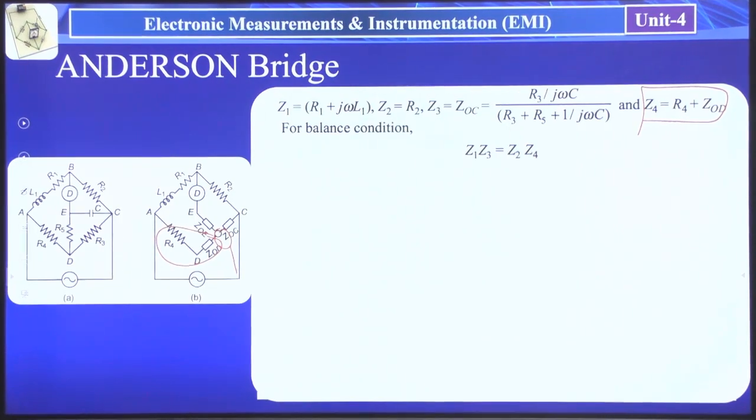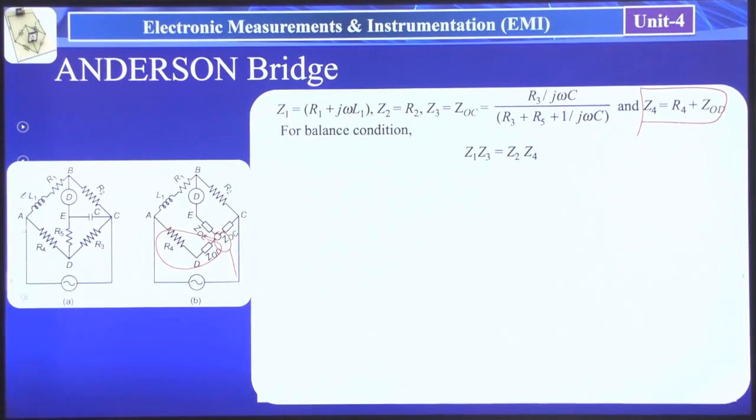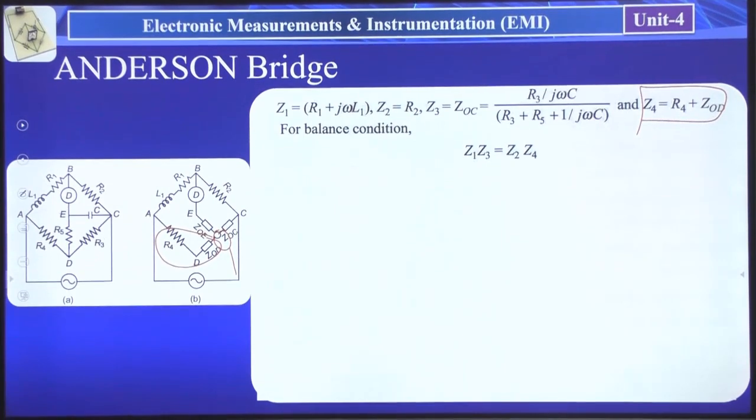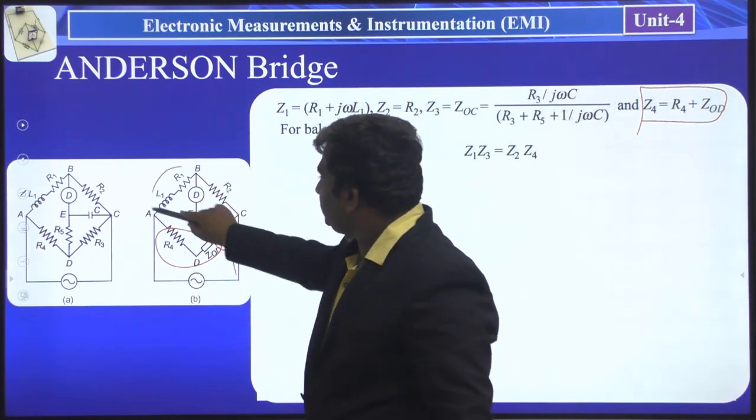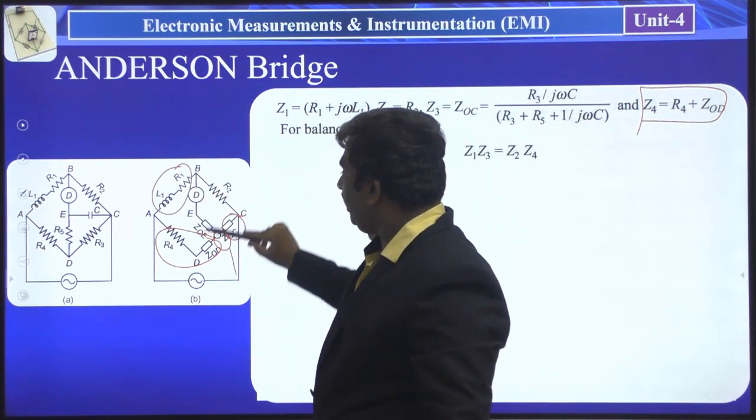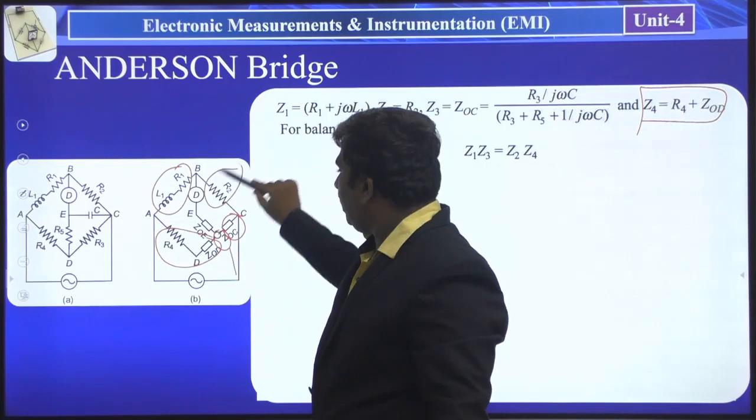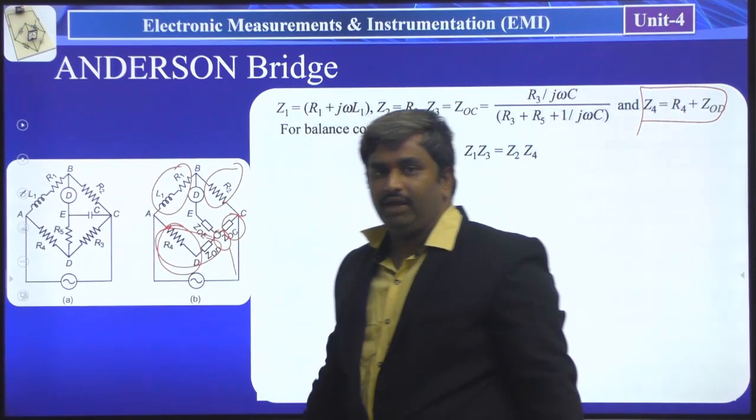So the opposite arms' impedance products are going to be equal. That is, Z1 and Z3 are opposite here, and Z2 and Z4. So see here, this arm and this ZOC are parallel, and this arm is completely parallel.